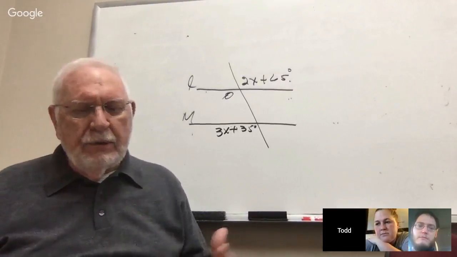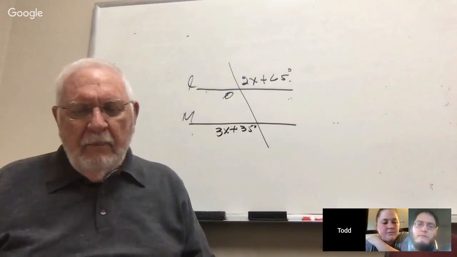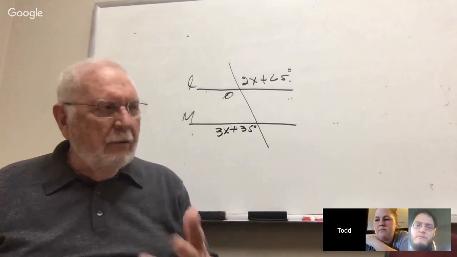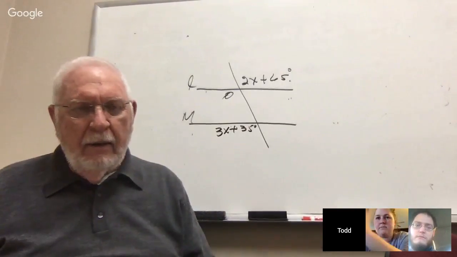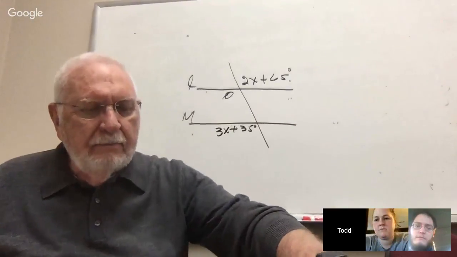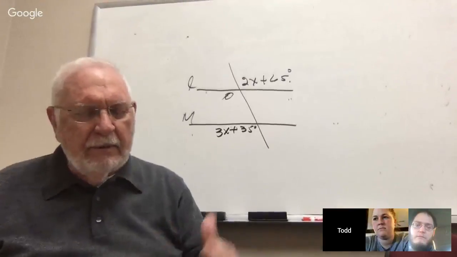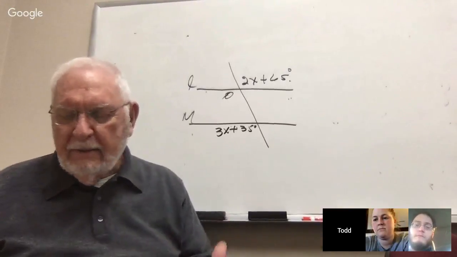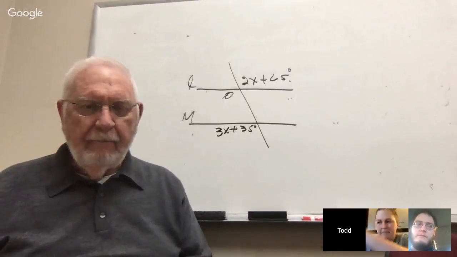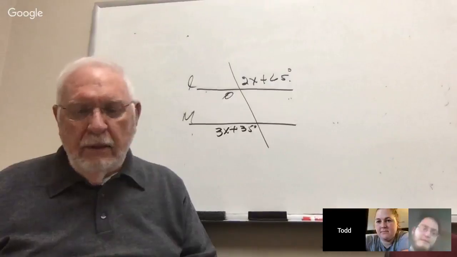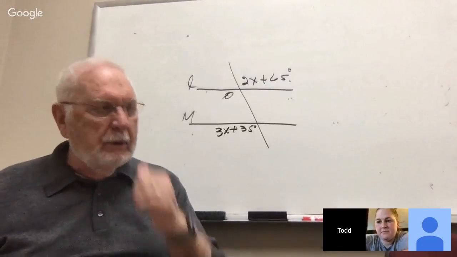My idea was just to pull some random problems out and look at the geometry concept involved in them and then see if we can move forward. Does that seem reasonable? Yeah, that works. Okay. All right, let's start with a simple one.